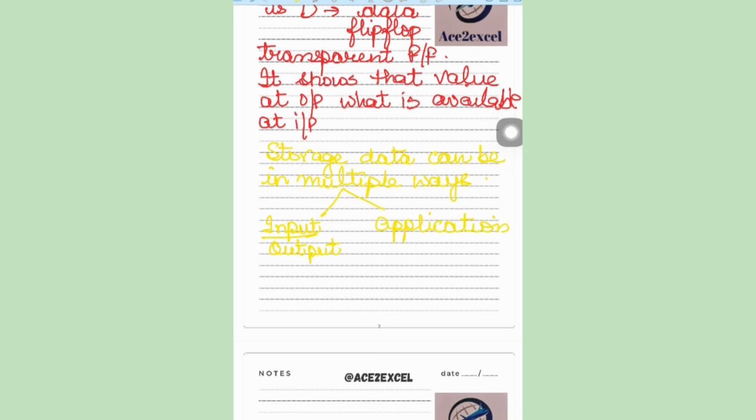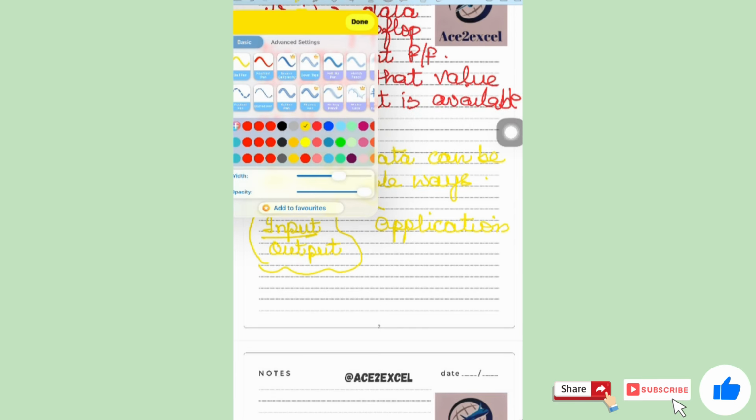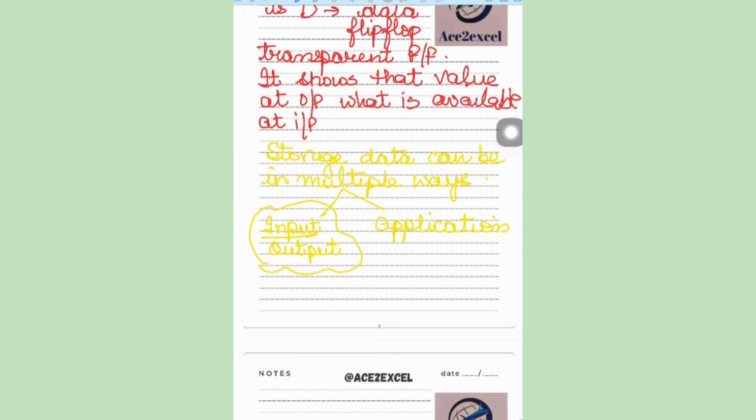So if we say input and output, on the basis of this, there are 4 types of registers.